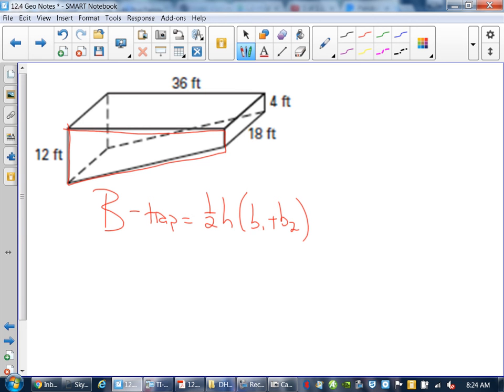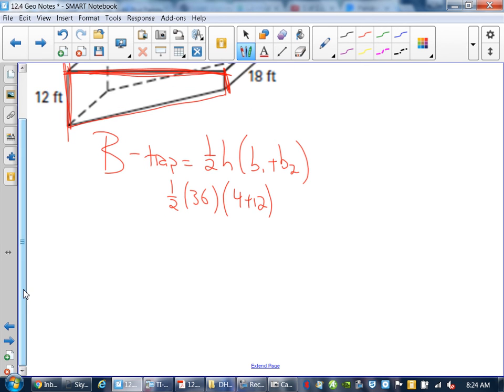The height is how far apart the two bases are, which is 36 in this case. So it's 1/2 of 36. The two bases are 4 and 12. So you get half of 36 times 16. What do you get? 288?